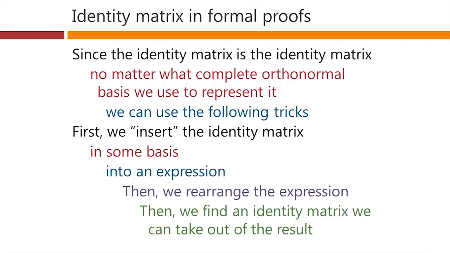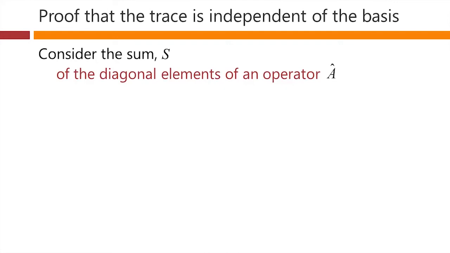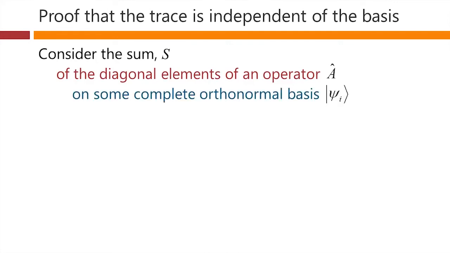So let's look at the proof that the trace of an operator is independent of the basis. Consider this sum, S, of all of the diagonal elements of an operator A. And we're going to be writing the operator A on some complete basis here, psi i, an orthonormal basis.